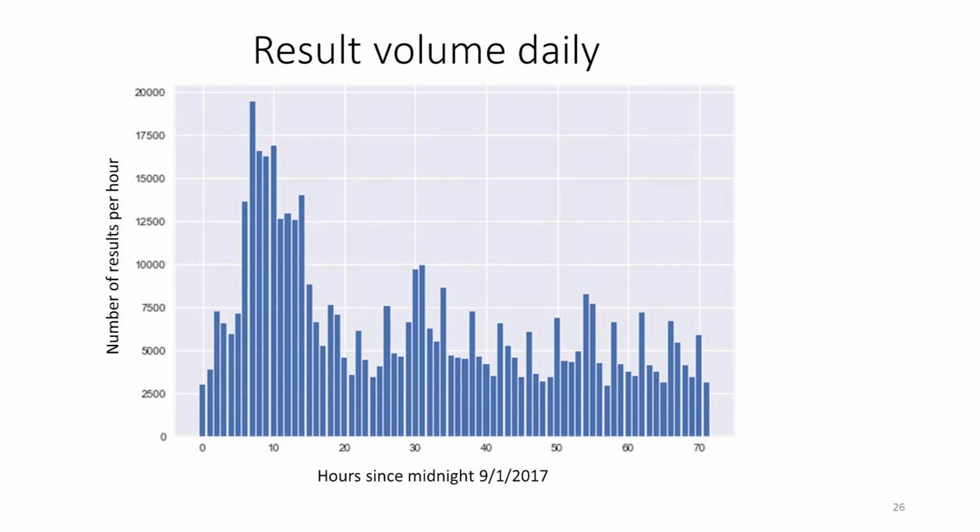So I went through this example to show that with a single data set, just looking at counts of results, we can see a lot of different pictures of how healthcare works, and I think this type of data, as we start to do more analyses, is going to lead to more insight into how the healthcare system is working.